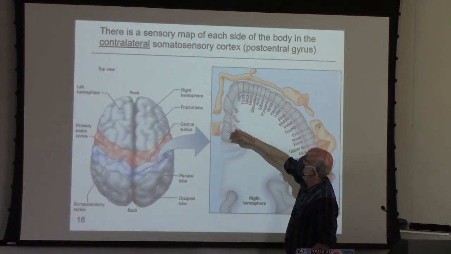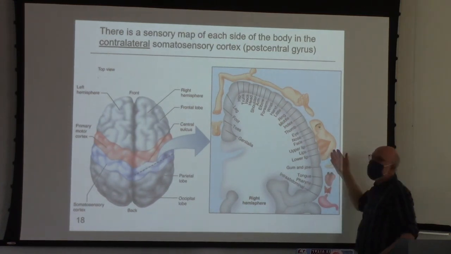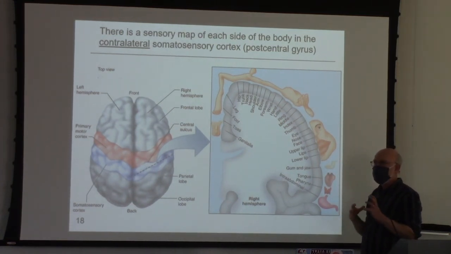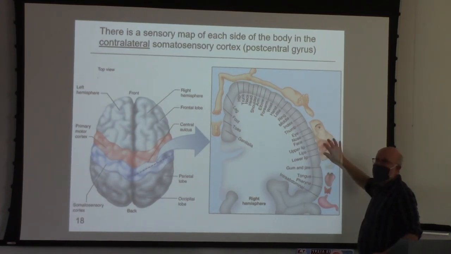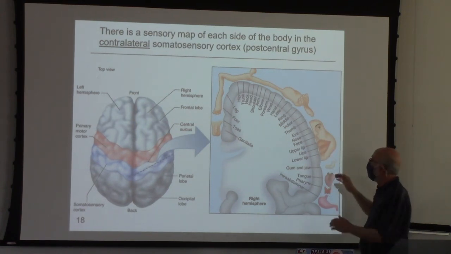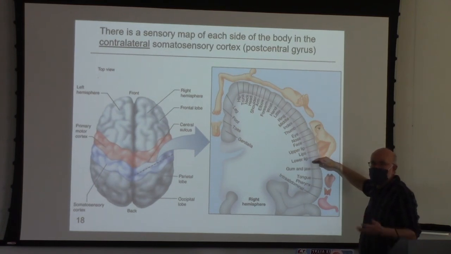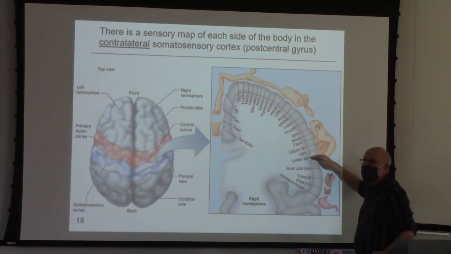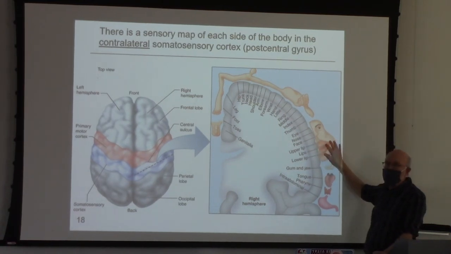So there's a map of the body on the somatosensory cortex, and it's a modified map. The face, the mouth especially, and the jaw take up a big section of cortex because it's such important information. So a lot of the cortex is processing information from the lower face.